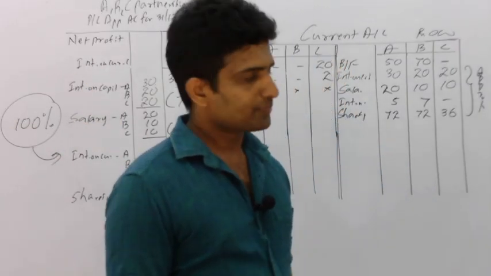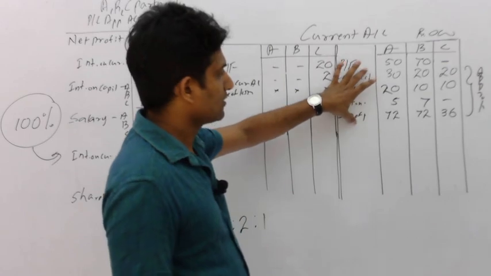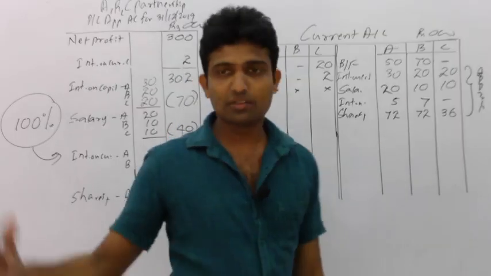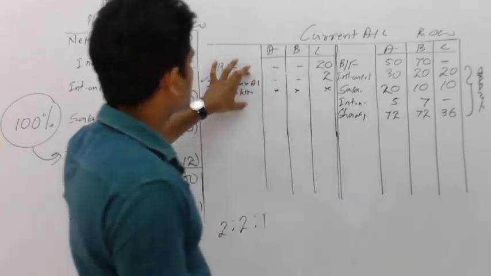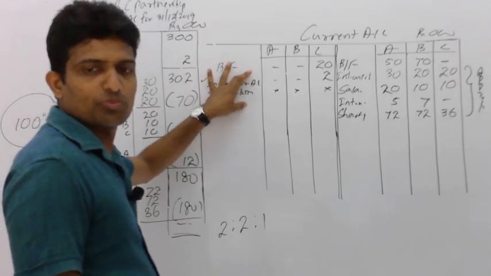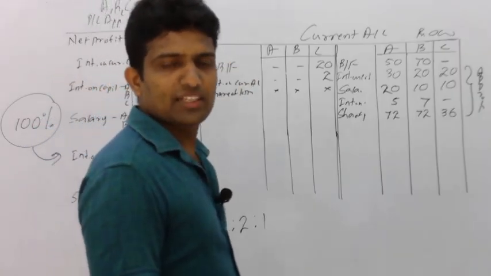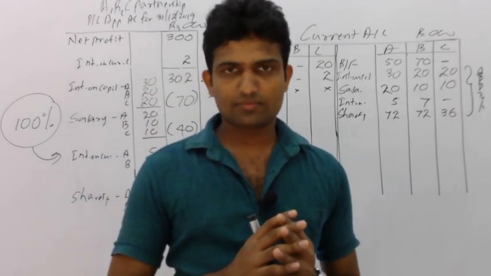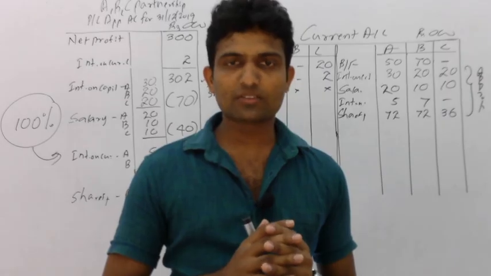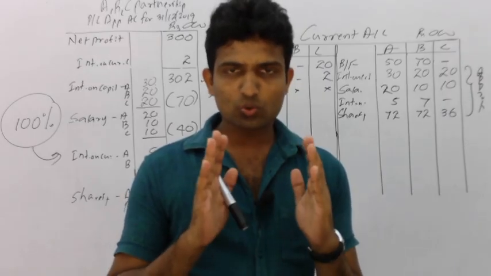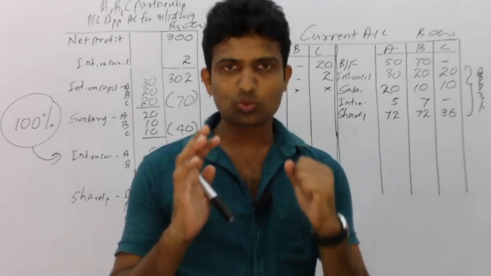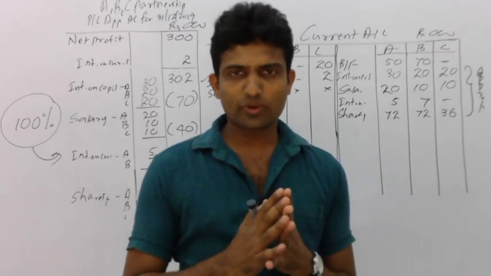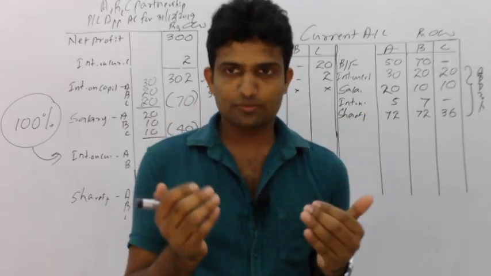Now remember, these came from the appropriation, and these two also came from the appropriation. In addition to this, drawings of partners. When partners make drawings, those also should be recorded through their current accounts. The reason is because of the drawings, their equity is deducted.